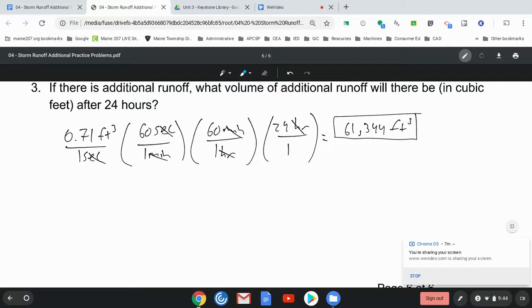All right, so that's how you do our last stormwater runoff practice problem.